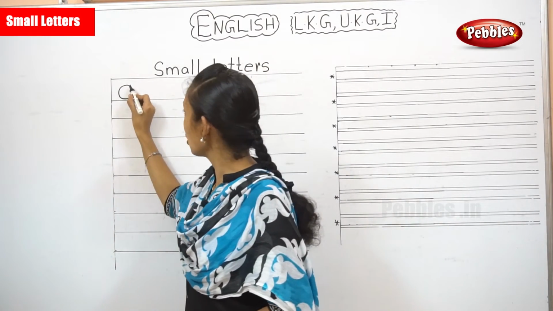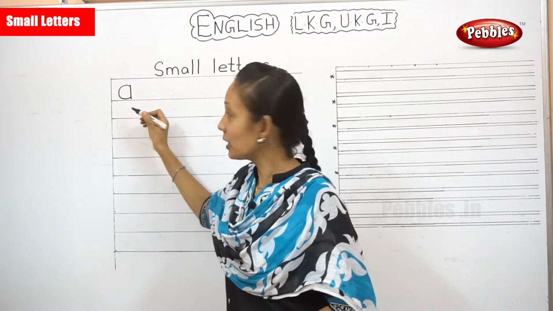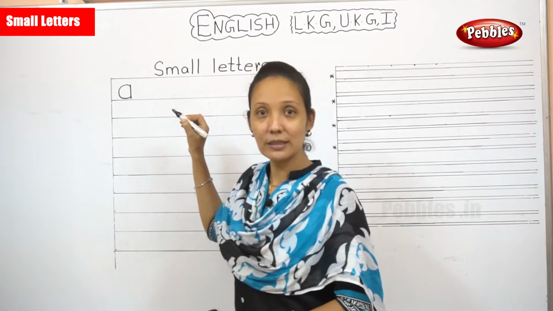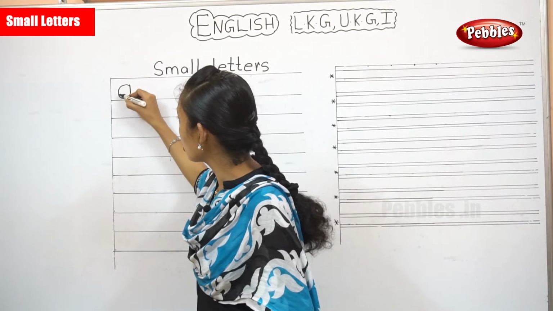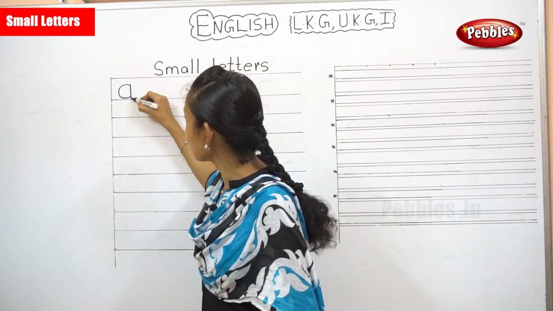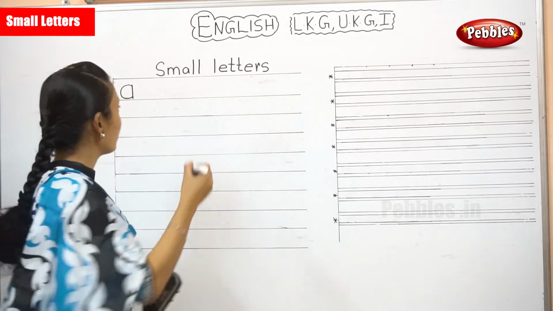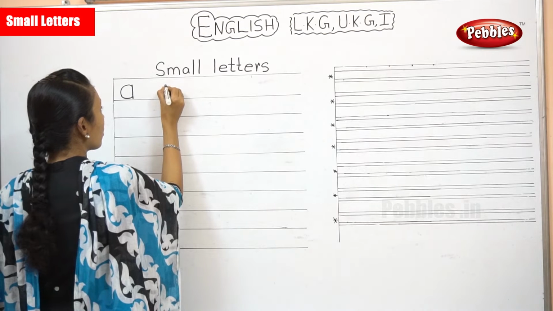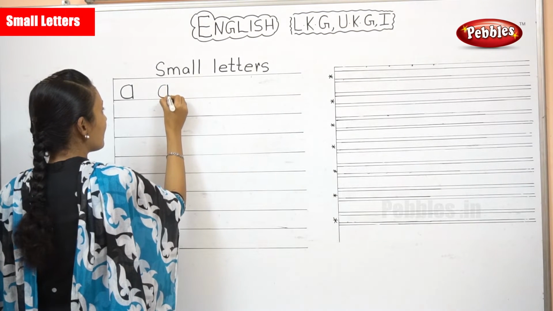So this is your curve. First you draw the curve, then you learned the standing line. You learned it, isn't it, children? You learned your standing line. Now you have joined your curve and your standing line. Your alphabet is A. So once more I will show you your curve and your standing line.